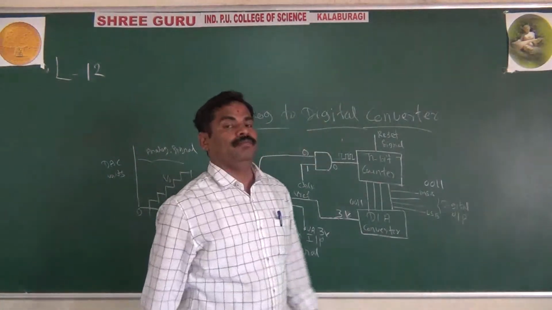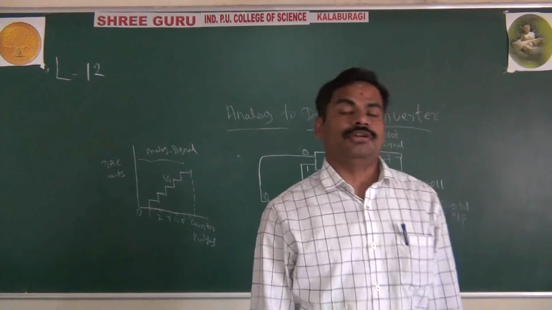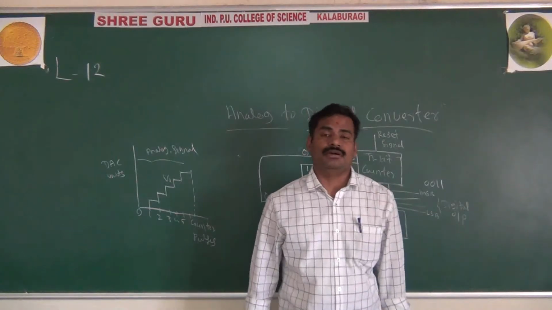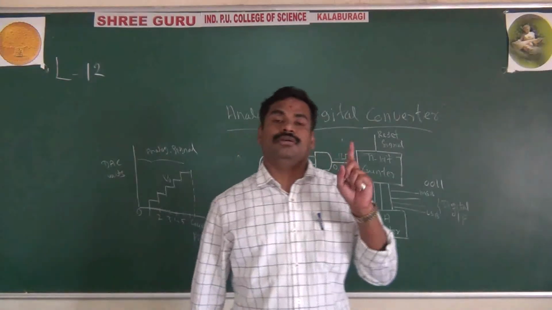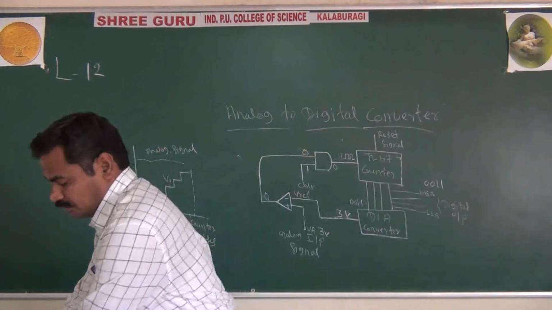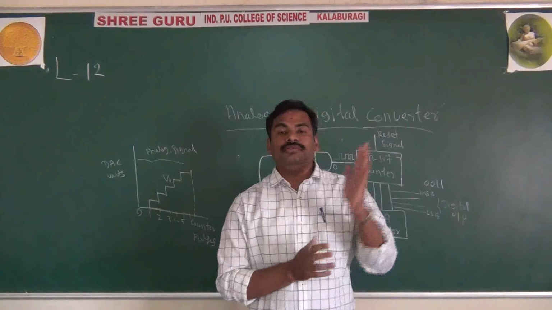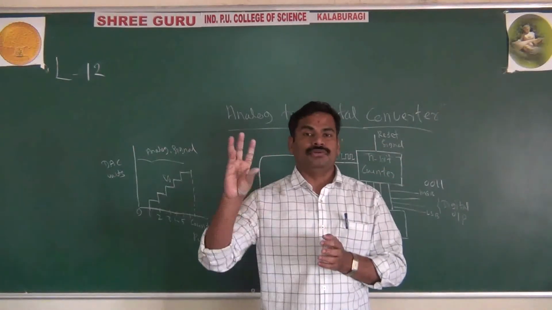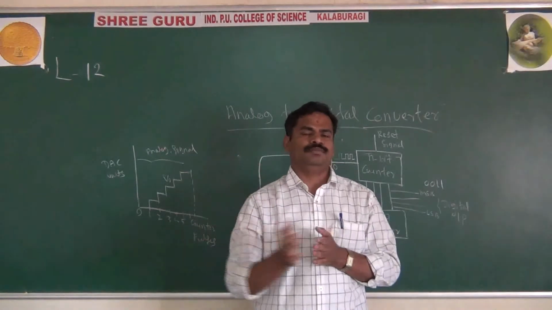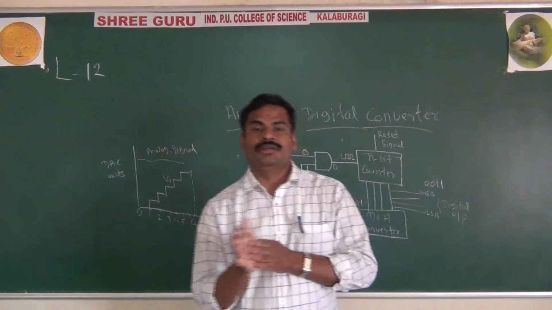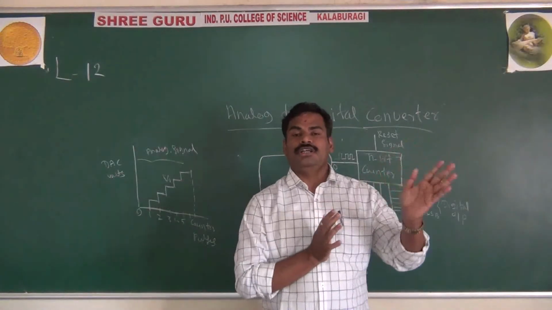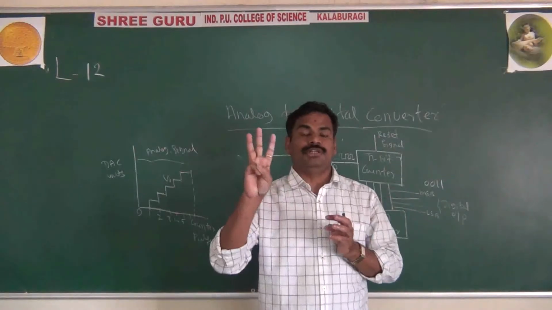Now you are completing the theory part about your operational amplifier. Now you will solve one or two problems, because as I said already, they will ask one question fixed in your exam, about 5 marks. According to your question paper pattern, you have a choice in part D. You have to go for the problems, and there are 5 problems, of which you have to solve a minimum of 3.